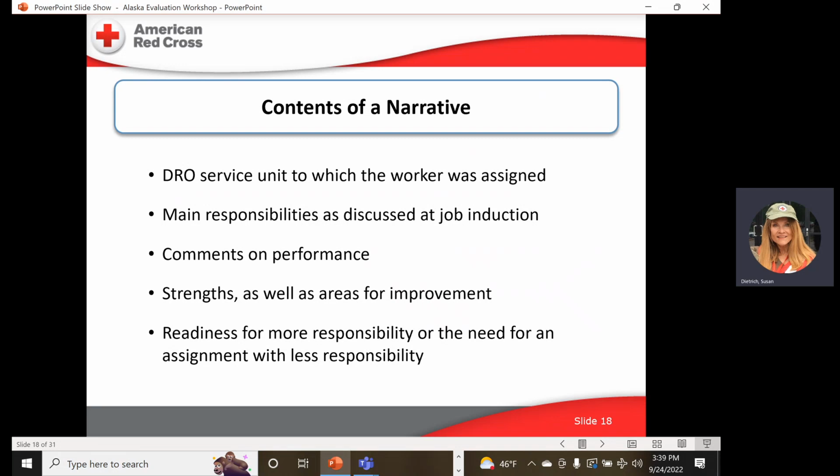You also need to ask them about what their goals are and how they see their best position in Red Cross and for deploying, and readiness for responsibility, the need for an assignment with less responsibility, or moving to another gap.